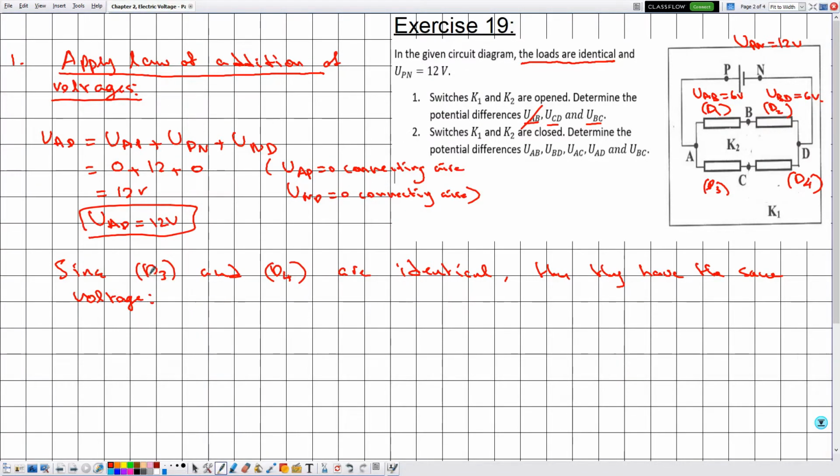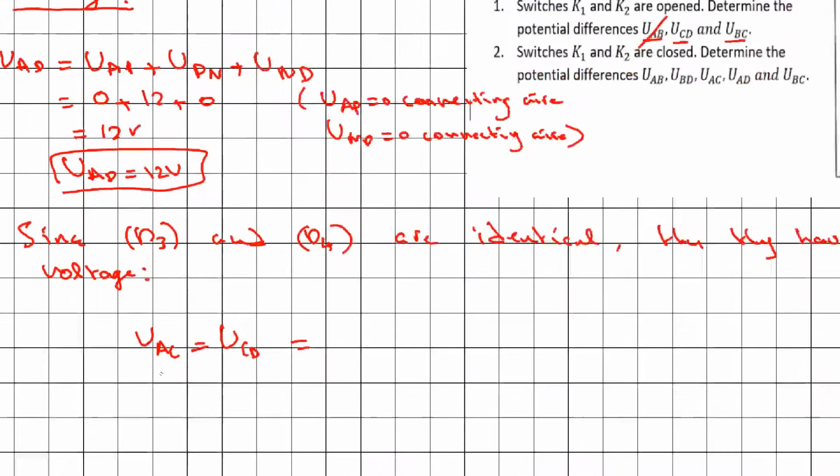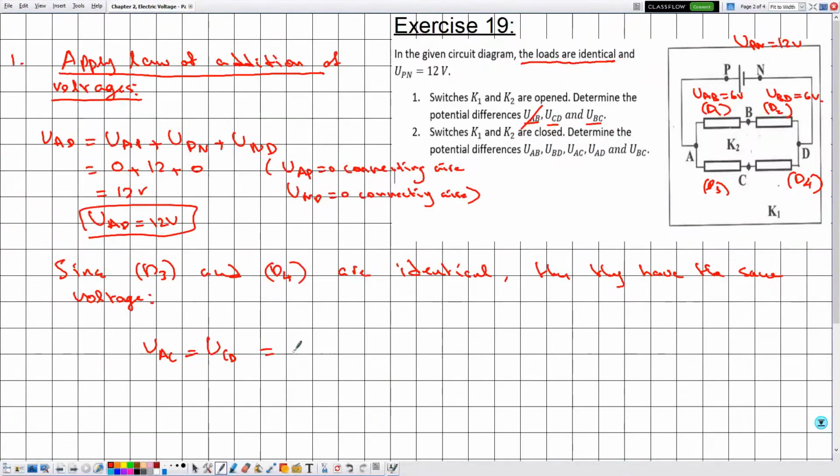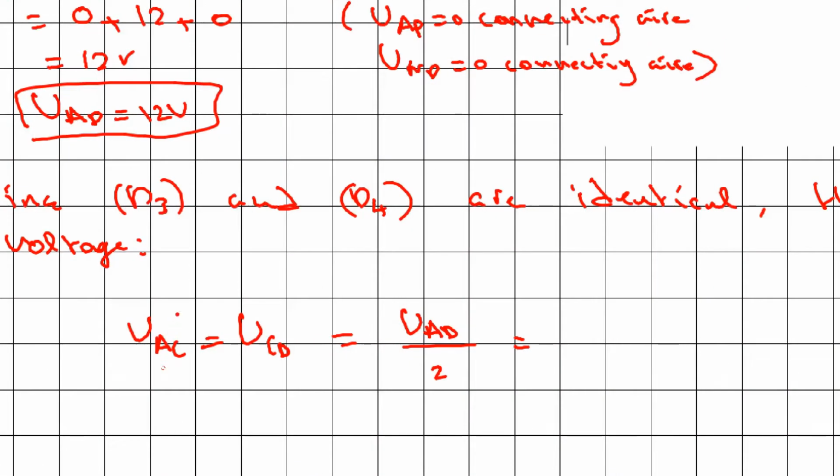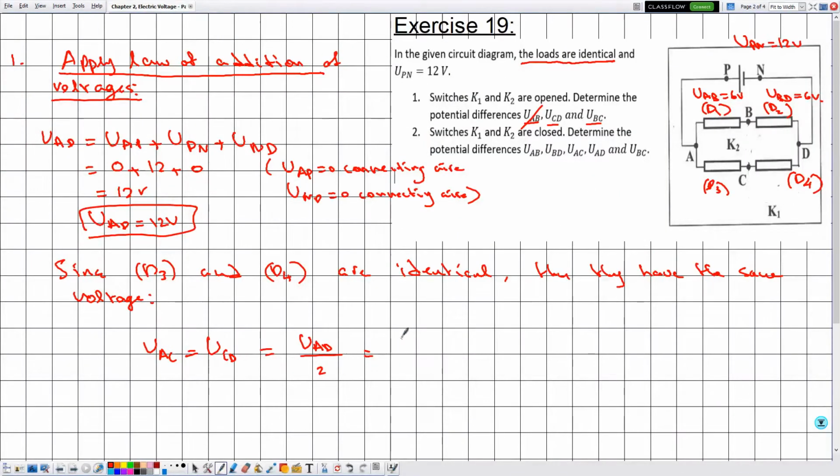So what's the voltage across D3 and D4 that they are equal? The voltage across D3 is given by UAC, and that of D4 is given by UCD. And notice now in this case these 2 points eliminate each other and we are left with UAD divided by the number of components, which is 2 and not 4. So here, because we have 1, 2, so 12 divided by 2, which is equal to 6 volts, then in this case UCD is equal to 6 volts.